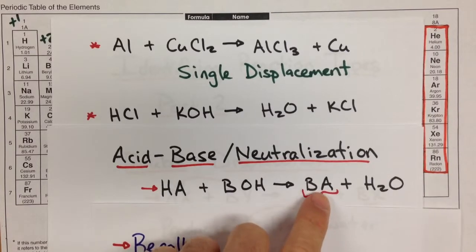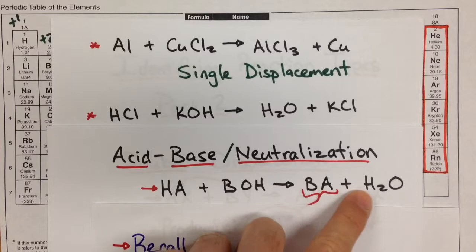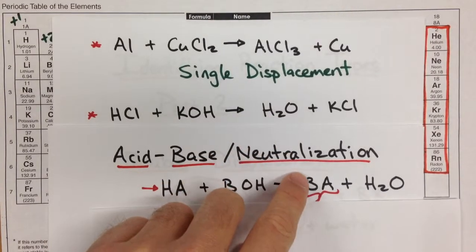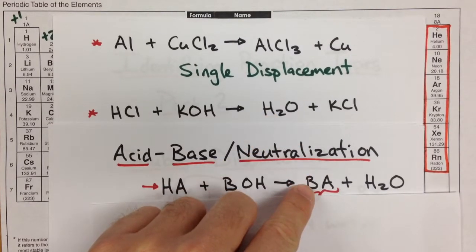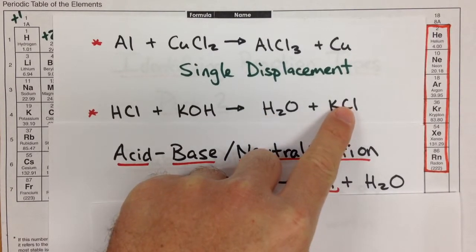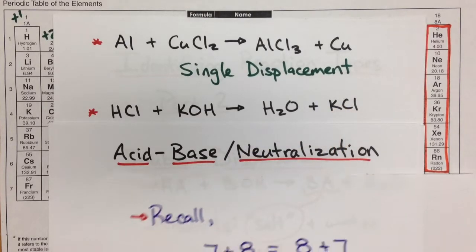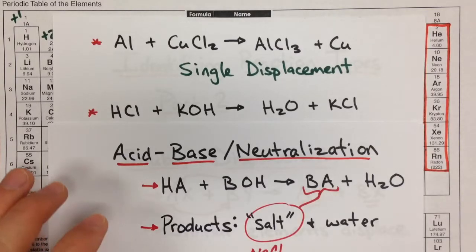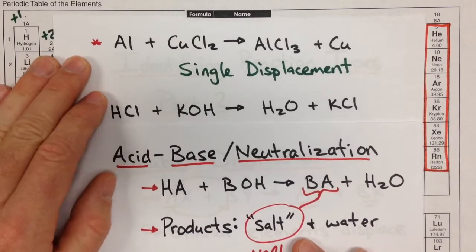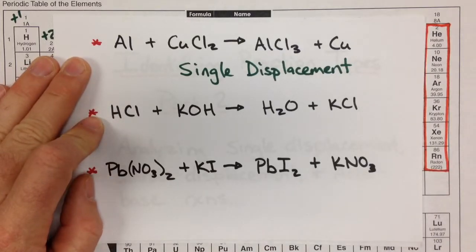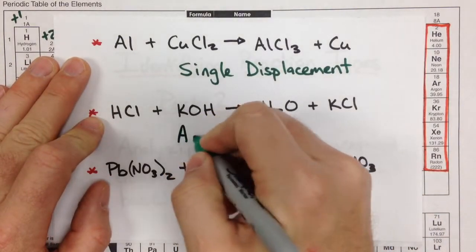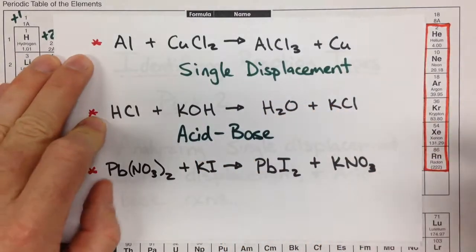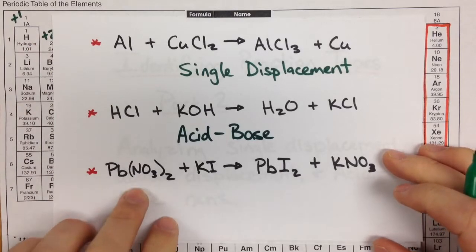So just because the salt is written first here, it doesn't matter that it's written second up in the general form, because 7 plus 8 is the same as 8 plus 7. So this would be our acid-base reaction, also known as neutralization.